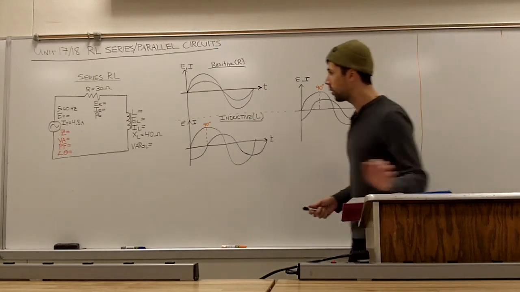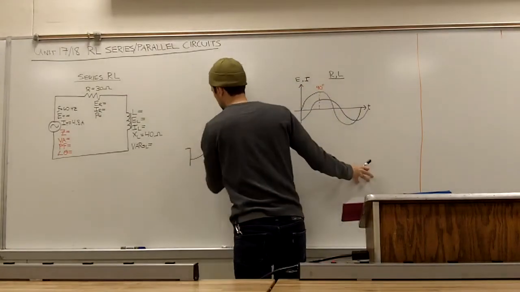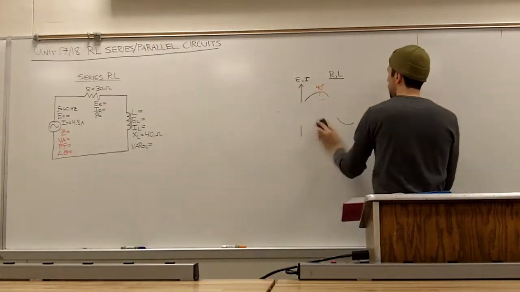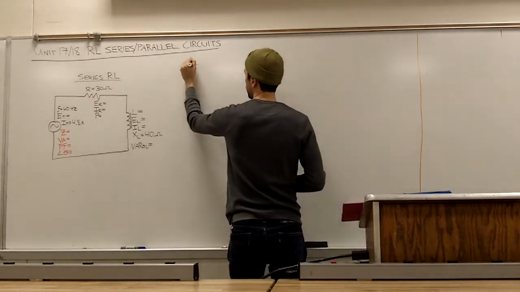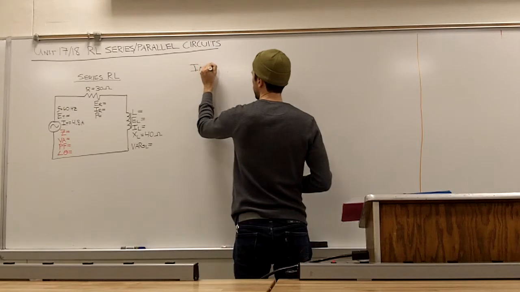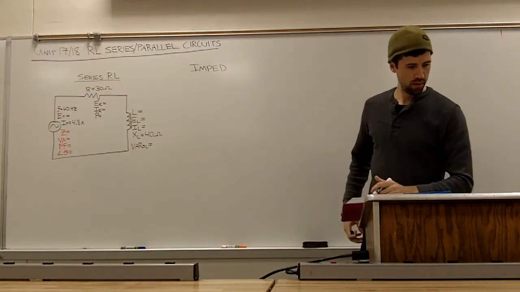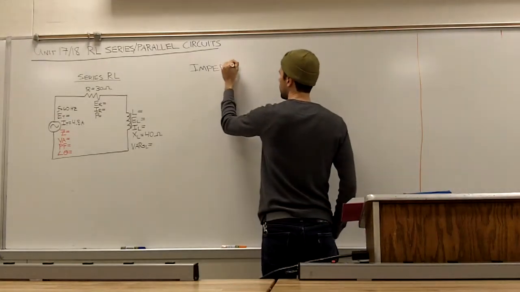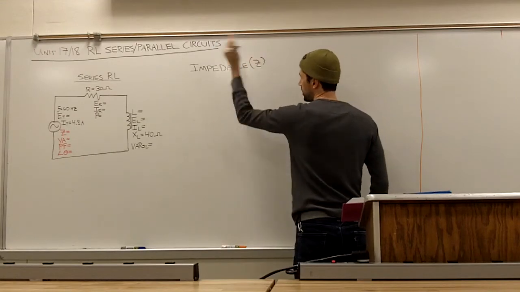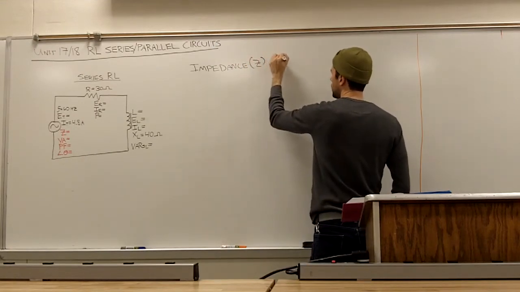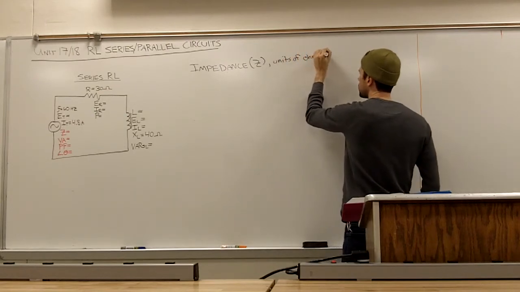So the first circuit value that we're going to talk about is impedance, Z. Impedance is symbolized by the letter Z, since I is already taken up by current, and it has units of ohms.